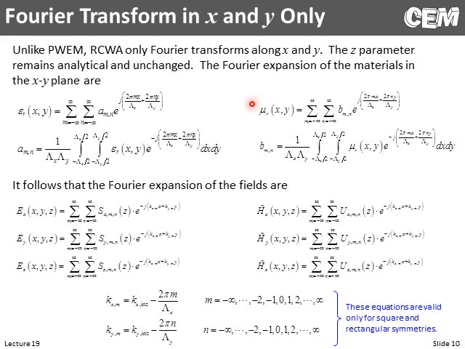We transformed all coordinates. Here, we're leaving the z coordinate alone. So we have our two-dimensional Fourier series for mu and epsilon, and we also have equivalent two-dimensional Fourier series for the fields. And for square and rectangular symmetries, we will expand the transverse wave vector components this way.